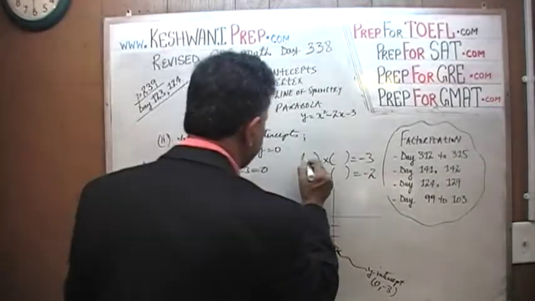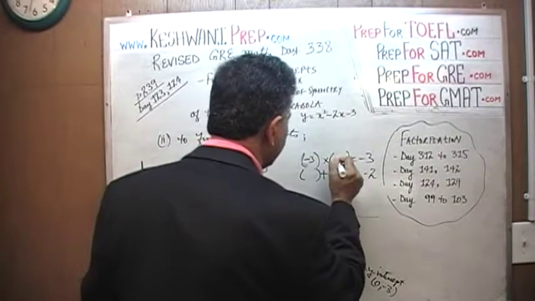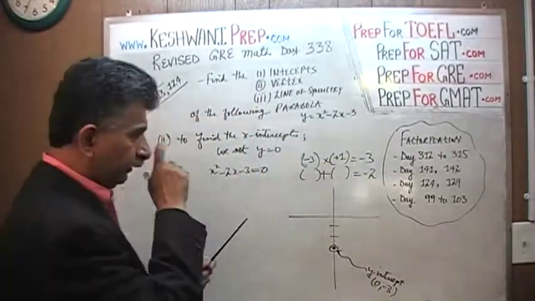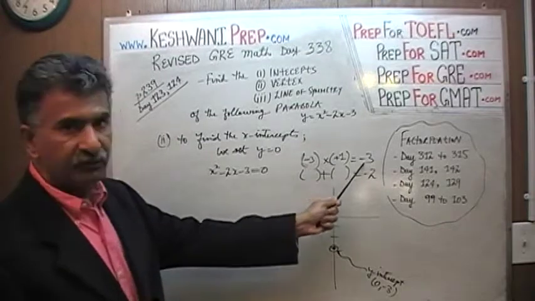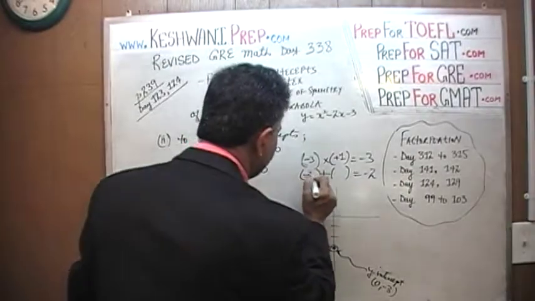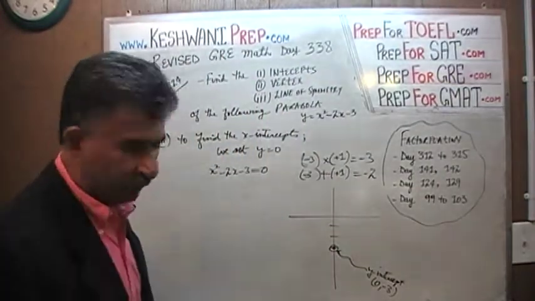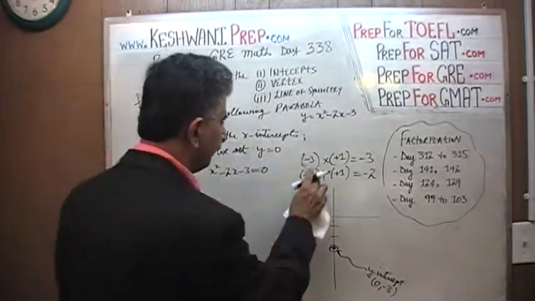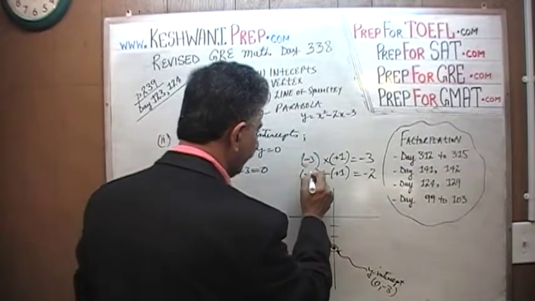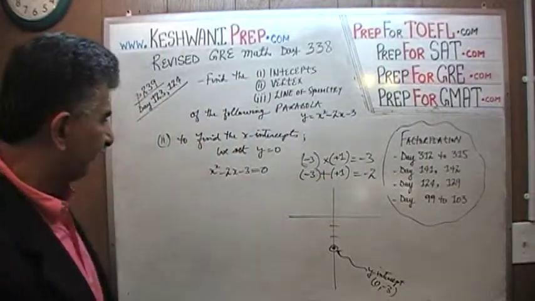Those 2 numbers are -3 and +1. -3 times +1 gives us -3, and -3 plus +1 will end up in -2. Those are the factors here. So let's do that.